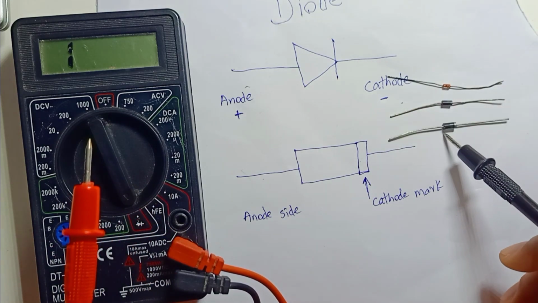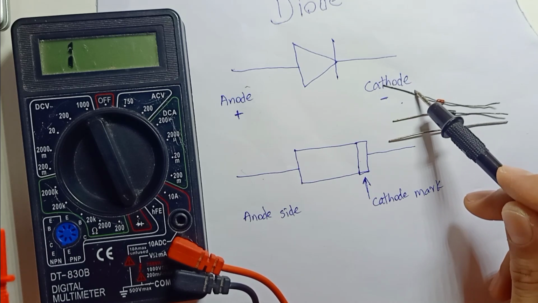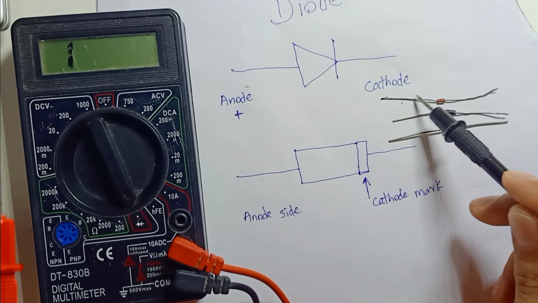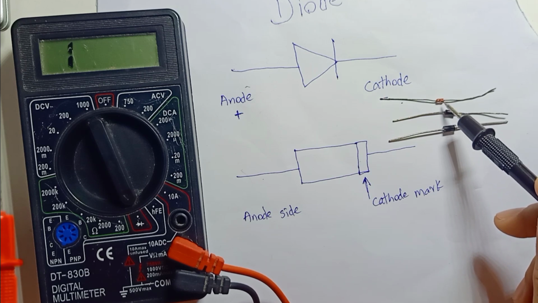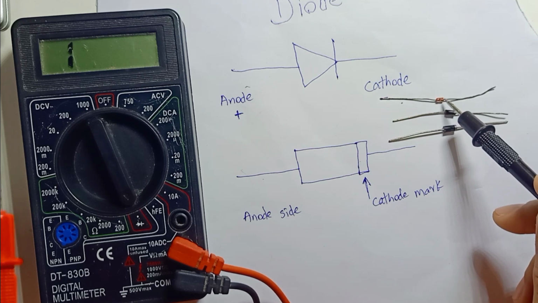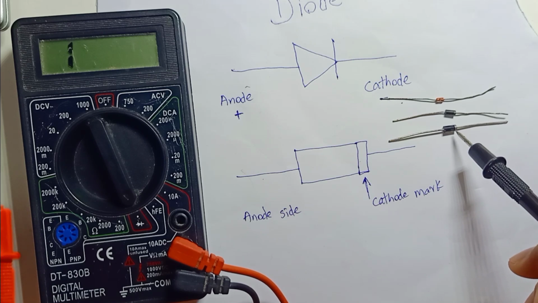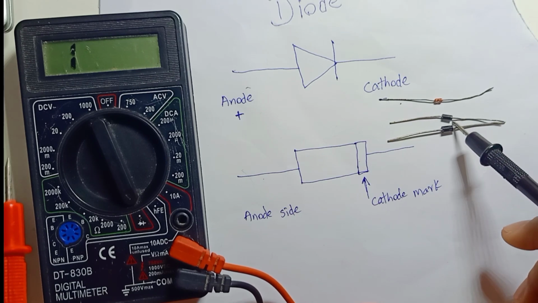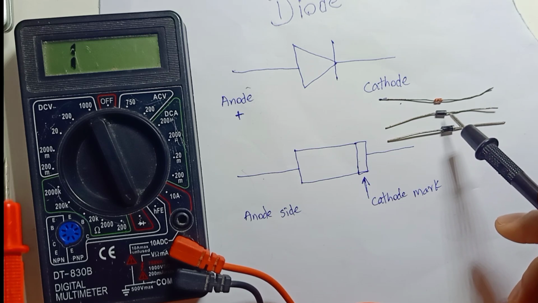Here I have a silicon diode, a Schottky diode and a Zener diode. On the Zener diode, the label here is a black color, which refers to the cathode, and the silicon diode is silver color, and the Schottky diode is also silver color.